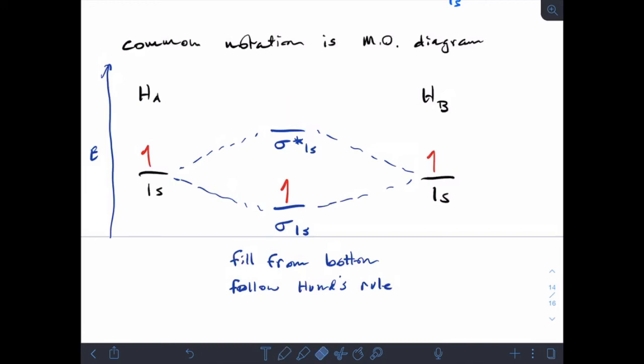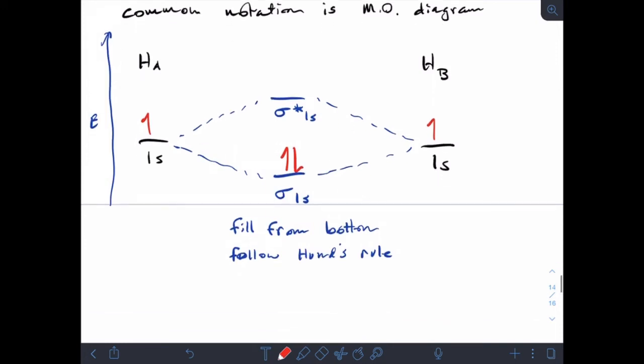So following Hund's rule, I'm going to put my second electron there. I have to fill a particular level before I can start putting electrons in the next level, but on the same level, I'm going to fill them singly before I pair them. Like I said, that will make more sense when we do more complicated molecules.